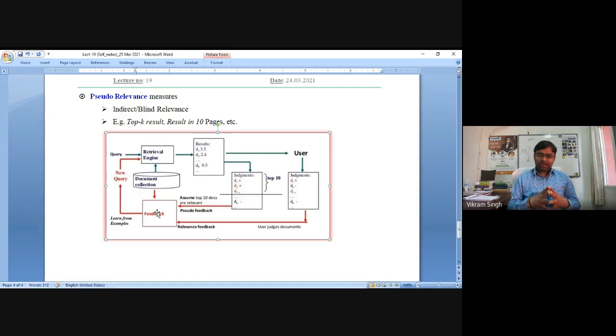Because we are assuming that the user query and user feedback both can serve two purposes. First, to serve the matching process, as well as to serve the ranking process, right? And these two aspects are altogether different, right?